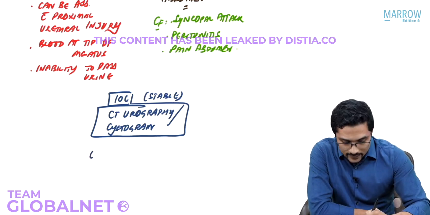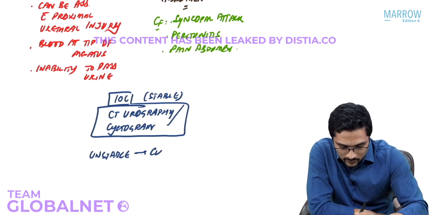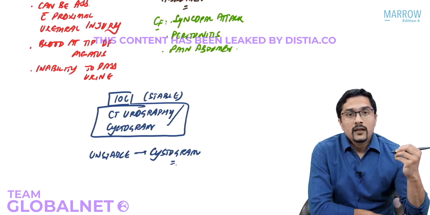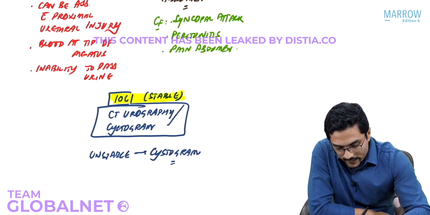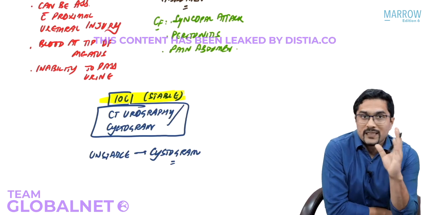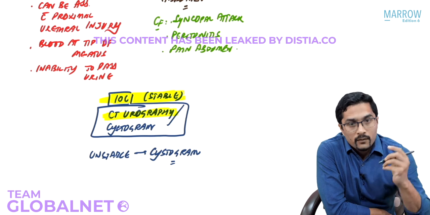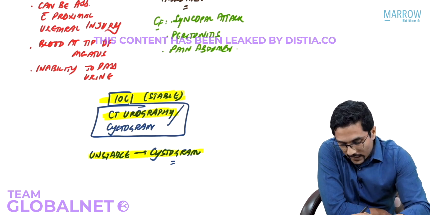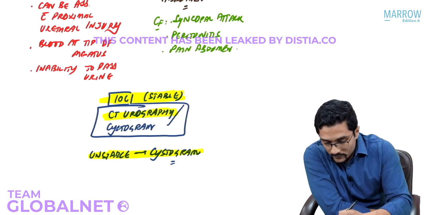If you have an unstable patient, we do only a cystogram. So you have to read the clinical question. If they ask what is the investigation of choice and don't specify stable or unstable, you will choose CT urography. But only if they say that the patient is unstable, you will mark cystogram as the correct answer.